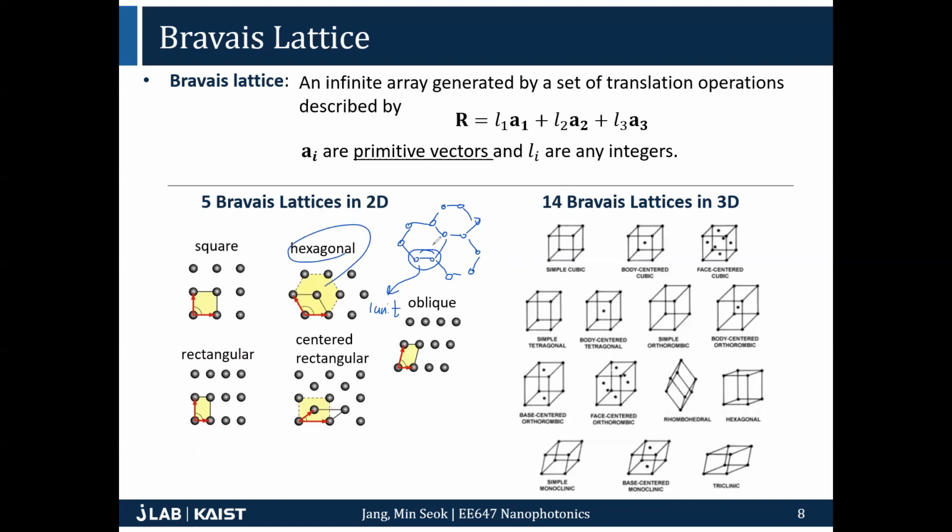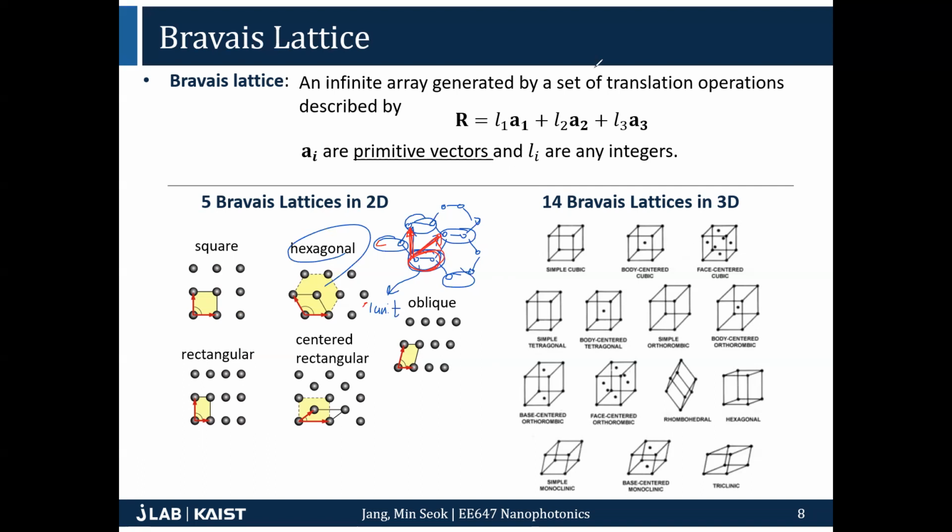If you think about it, like this unit and that unit and that unit, here are multiple units, and this vector and that vector are basically the primitive vectors of the honeycomb lattice, right? And these units are repeated in a hexagonal lattice. But anyway, that's the concept of Bravais lattice.